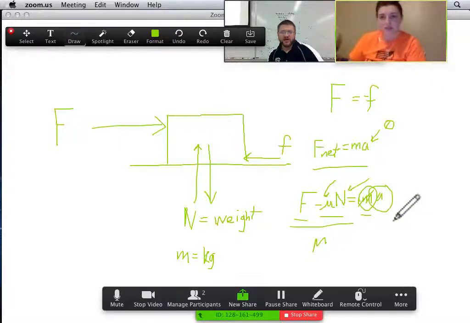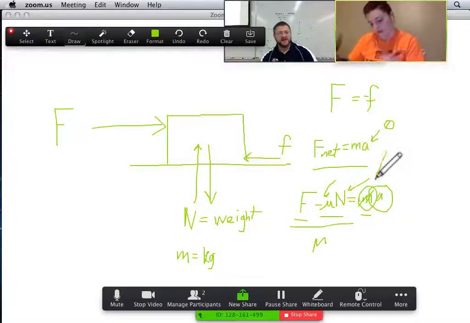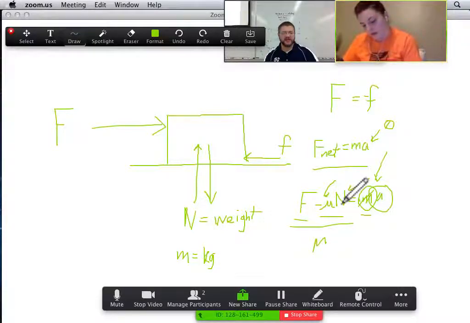So what did they tell you the weight of your box was? 350. Yeah. So you're right. Divide that by 9.8 to plug in for the mass, but the N is not the same thing. Right, that's 350. Okay, that's correct. Sorry, I thought you were saying that you were plugging the mass in here for N. Well, I put in that answer, but it didn't count it as correct.